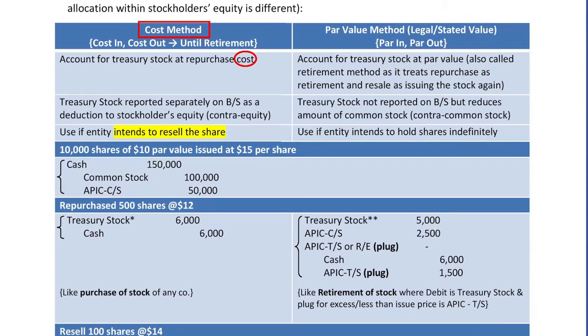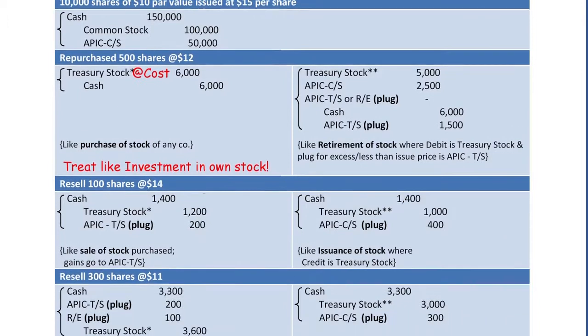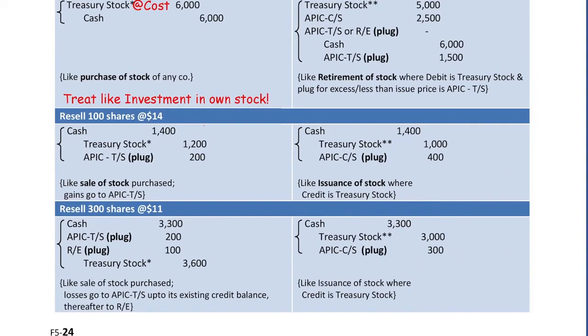So look at this, when the company repurchases shares, the debit is to treasury stock at the repurchase cost, and treat it like an investment in own stock. When the company is reselling the treasury stock, that's like selling the investment, where the plug is to APIC treasury stock. So for the reselling journal entries, draw a bracket and write sell the investment.